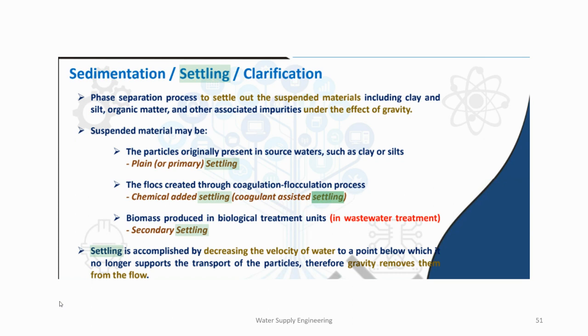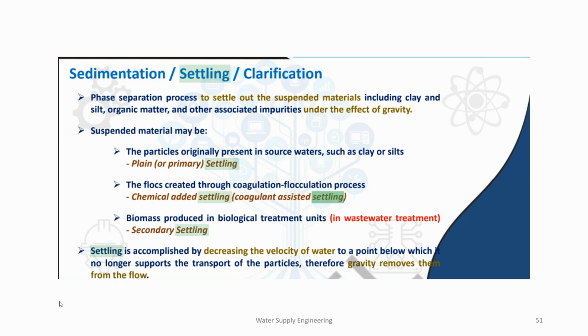So the suspended material may be particles that are originally present in the source of water, for example, clay, silt, etc. Then we go for plain settling or primary settling.